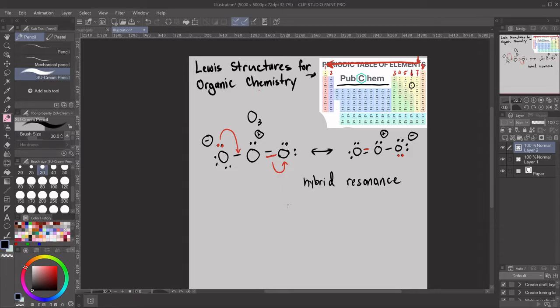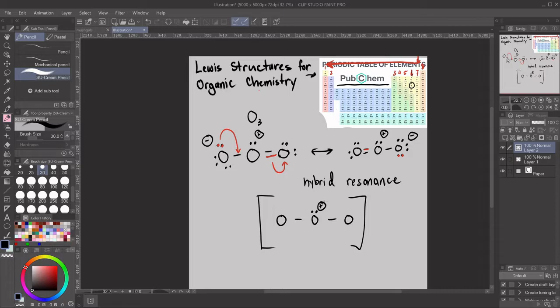So the way that we would draw this is we would draw a box or 2 brackets right here. I would draw the base form. So in this case, all of the sigma bonds are there. And I know that in both of these resonance structures, this oxygen is exactly the same. So I'll go ahead and draw that in.